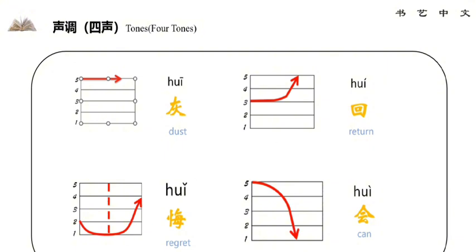In the third picture, we can see the red arrow goes from the 2nd line down to the 1st line, then turns up to the 4th line. It is the 3rd tone. Read after me. Hui.